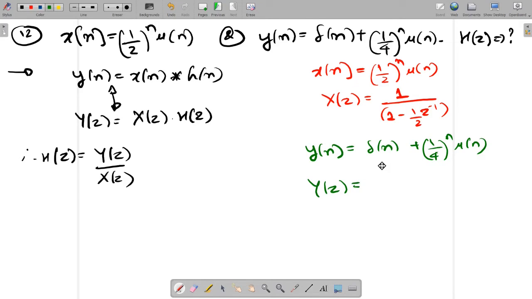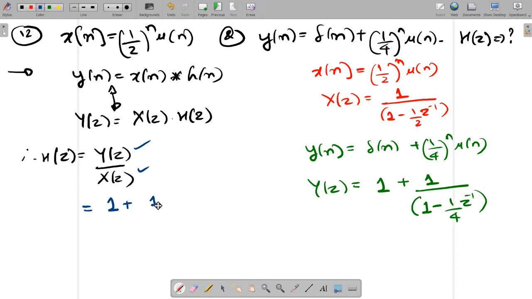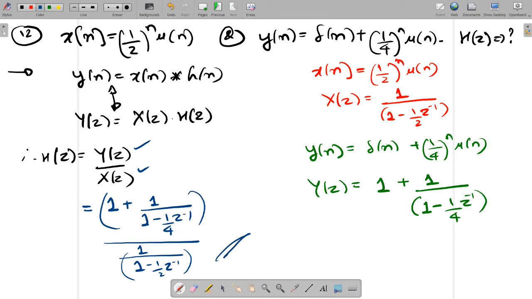Y of z, delta n transform is 1, plus 1 upon 1 minus 1 by 4 z inverse. So you have got Y of z, you have got X of z. So what is H of z? H of z is 1 plus 1 upon 1 minus 1 by 4 z inverse, upon 1 minus half z inverse. That is your answer, please.